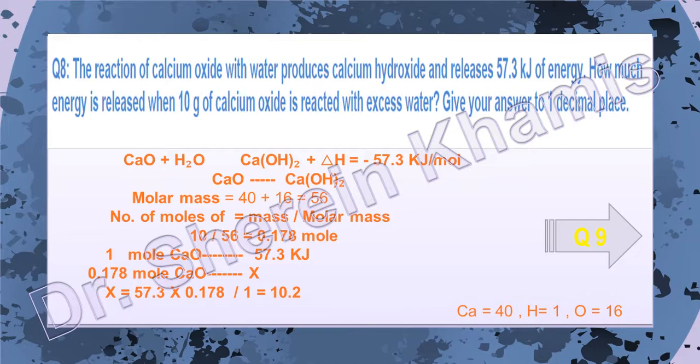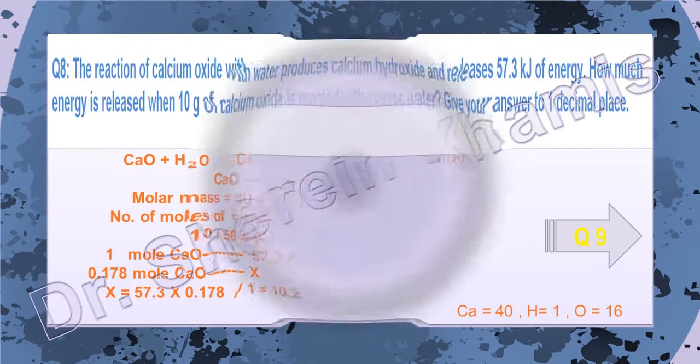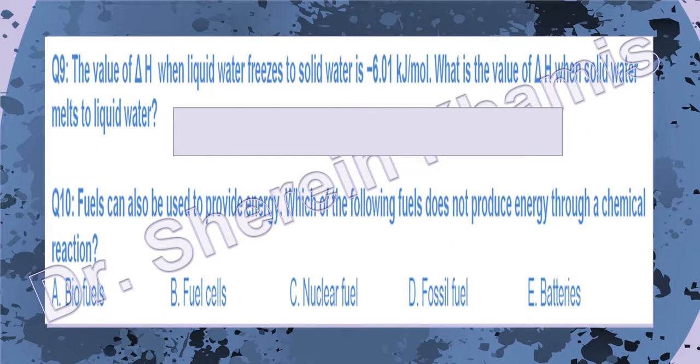Let's go to question 9. It says: the value of delta H when liquid water freezes to solid water is negative 6.01 kilojoules per mole. We want to change from the liquid state to the solid state, a physical state that has less energy, so it releases energy.